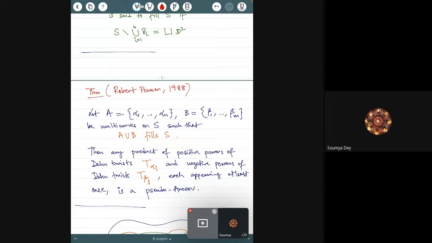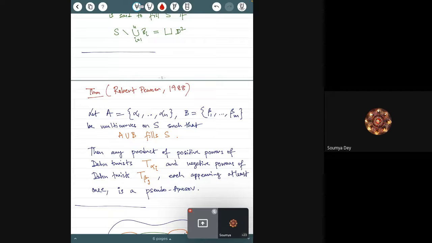By negative power, I mean T beta 1 inverse, or T beta 1 to the minus 2, T beta 1 to the minus 3, something like that. So you have two sets of powers of Dehn twists. One is positive powers of T alpha i, the other is negative powers of T beta j, and you have a product of all of these.